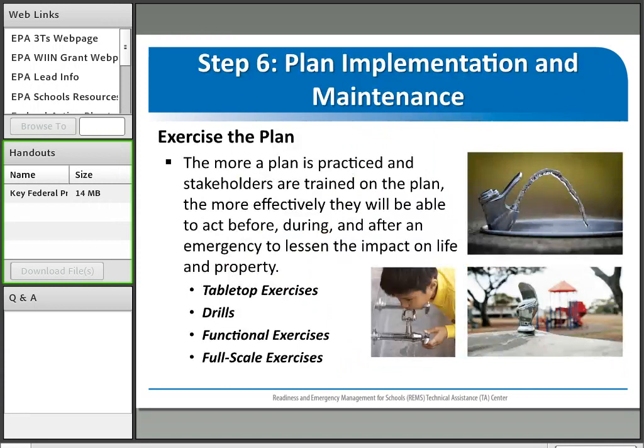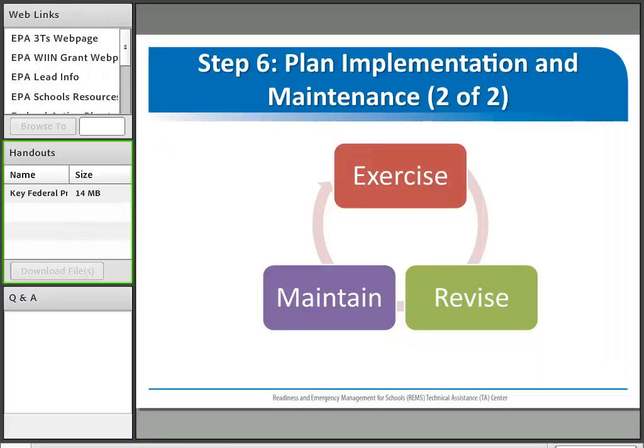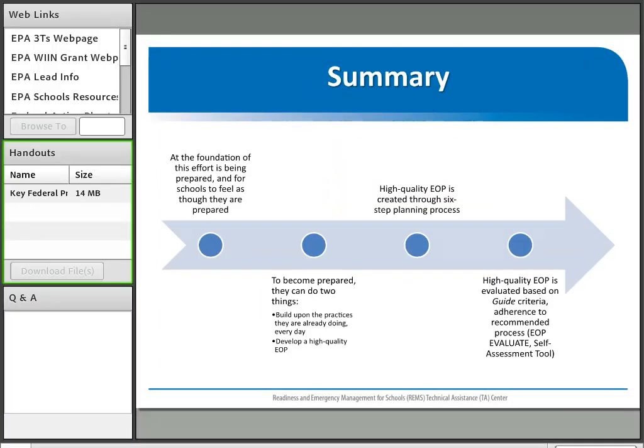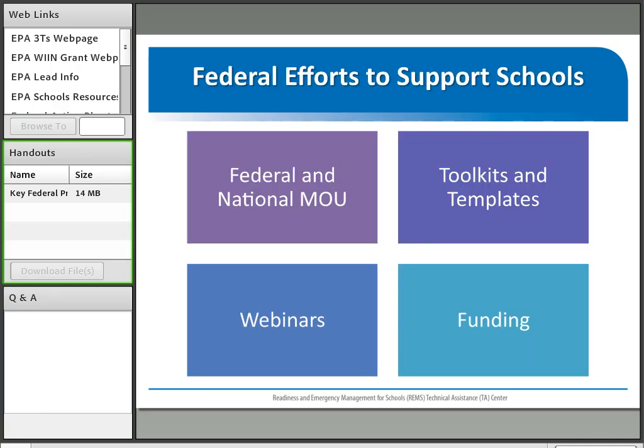So before we switch over to our Q&A, I just wanted to make sure that everybody knew about the different federal supports that we do have available. And we continue to make more in collaboration with our partners, and so do our partners.